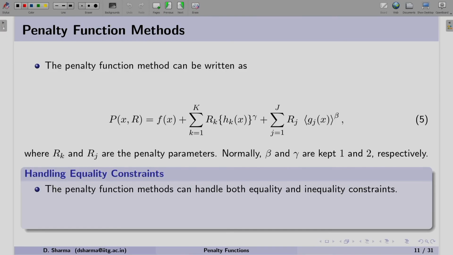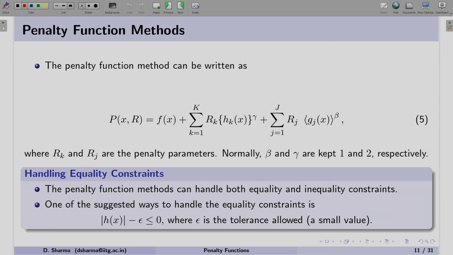So one of the ways to handle the equality constraint is that we can convert this equality constraint into an inequality constraint. So the point is, we can very well use the penalty function method for both equality and inequality.